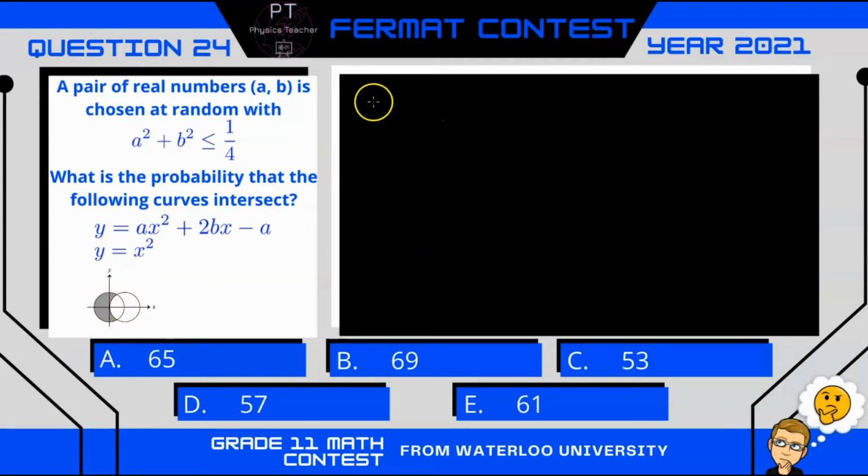The area of the circle is just going to be pi r squared, where we know r for both circles is 1/2. Now let's take a look at this diagram. To figure out the area of the shaded portion, I could figure out the area of the unshaded portion and then subtract that from the circle. One thing to note is that this point B is the center of that second circle here.